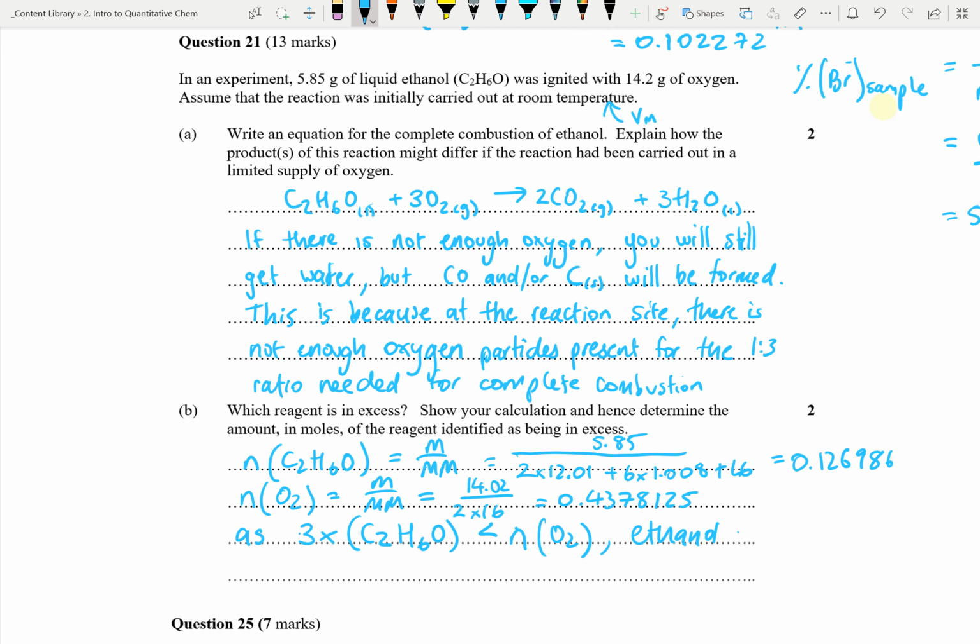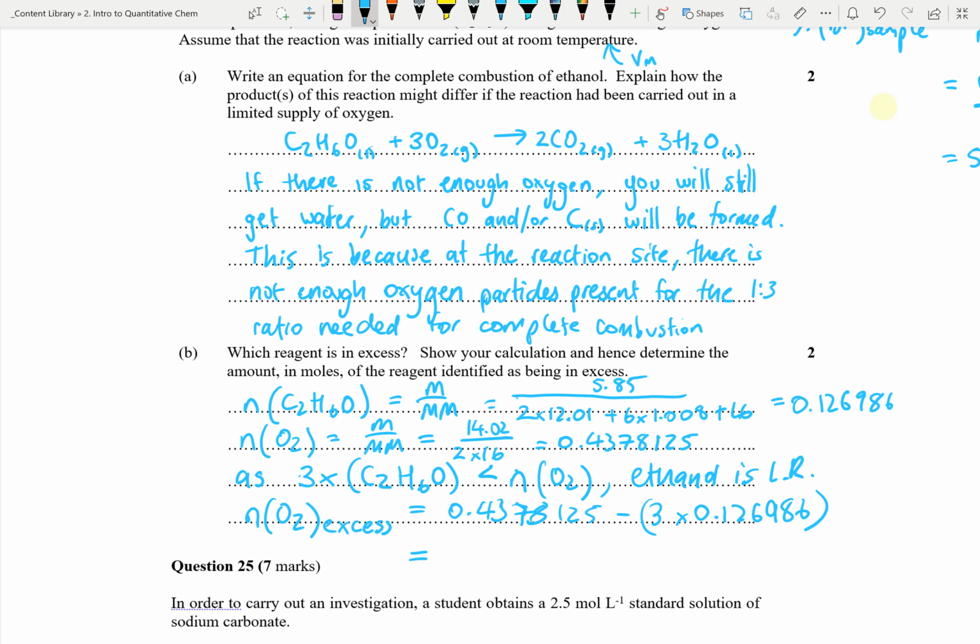Ethanol is the limiting reagent. The number of moles of oxygen in excess would be equal to 0.4378125 minus 3 times 0.126986, which equals 0.4378125 minus 3 times 0.12686 is 0.05685 and 45, I should say.